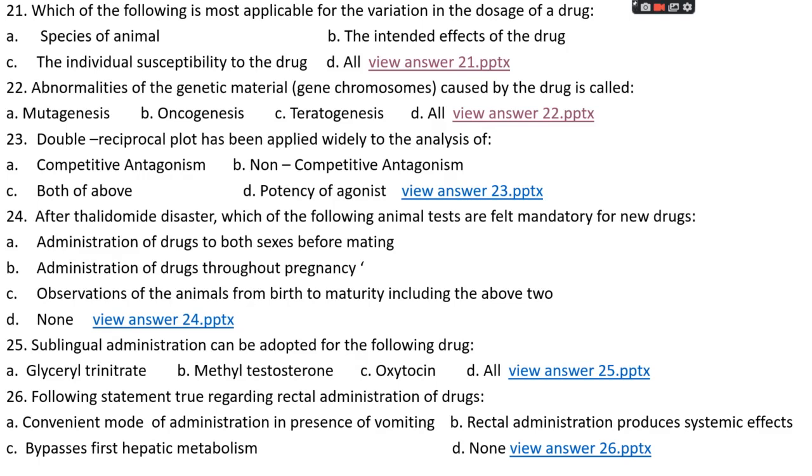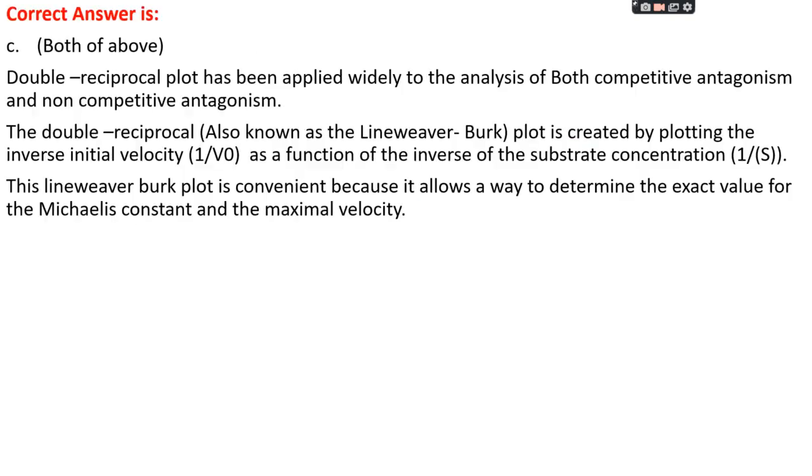Okay. Question number 23. Double reciprocal plot has been applied widely to the analysis of: option A, competitive antagonism; option B, non-competitive antagonism; option C, both of the above; option D, potency of agonist. The right answer is option C, that is both of the above. Double reciprocal plot has been applied widely to the analysis of both competitive as well as non-competitive antagonism.